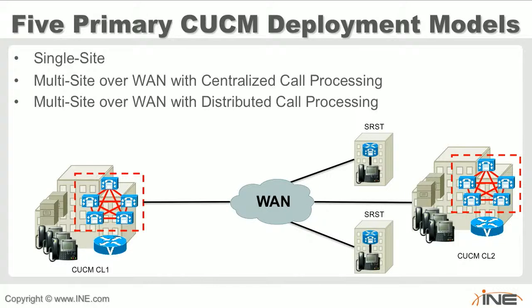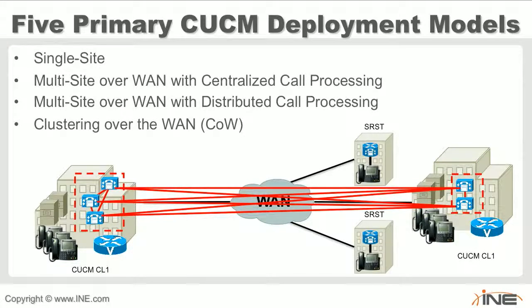Next, I have something called clustering over the WAN. In this deployment model, notice that this is still cluster 1, but I've changed this over here to cluster 1 as well. So I have some of my call processing servers running, and probably my publisher, at my main data center or main corporate headquarters site.